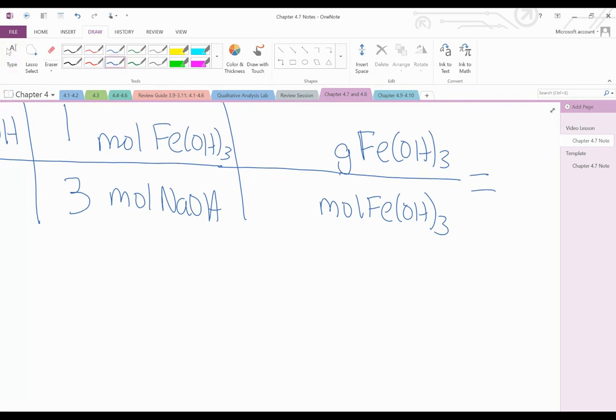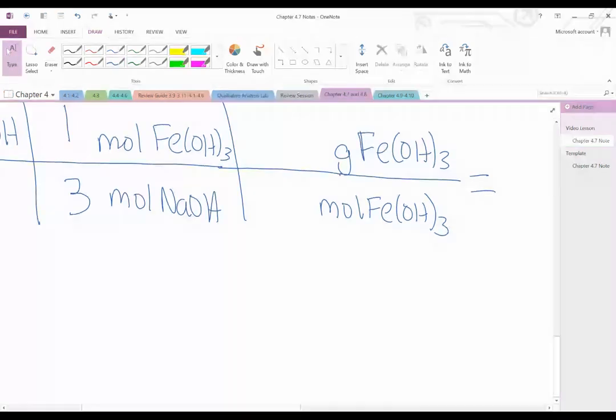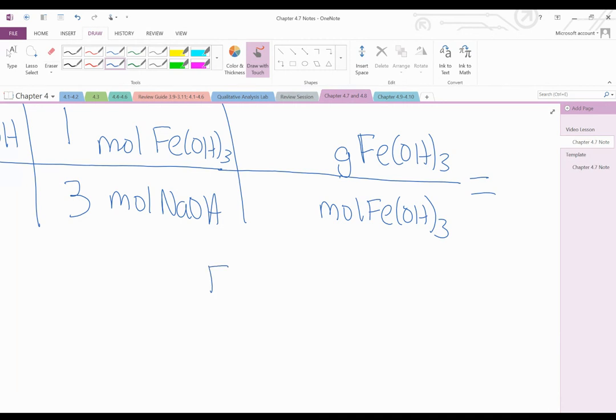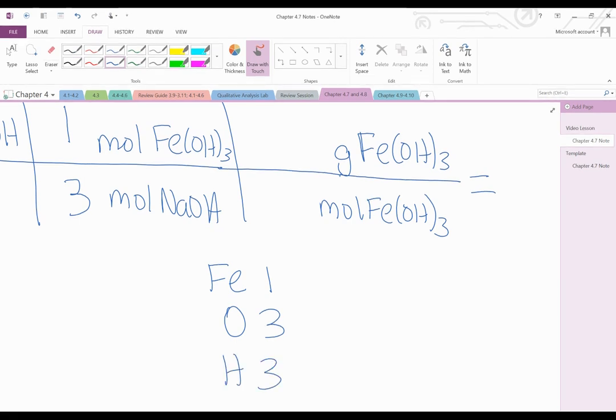We'll calculate the molar mass of iron 3 hydroxide. I have 1 iron, 3 oxygens, 3 hydrogens.